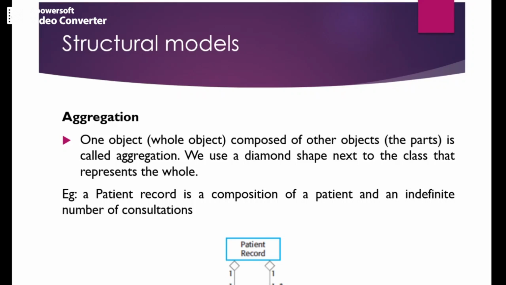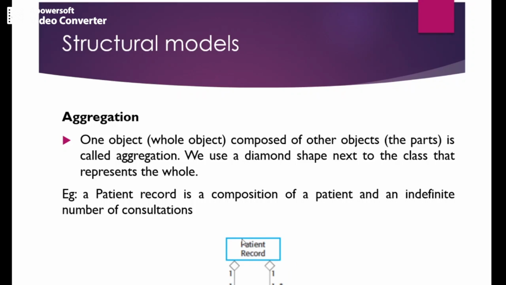So it's like composition, I can tell. Aggregation is nothing but composition. So it is composed of several parts. We use a diamond shape next to the class that represents the whole. For example, a patient record, this is a class, is a composition of a patient and an indefinite number of consultations, because summary treatment also you are including in the patient record.